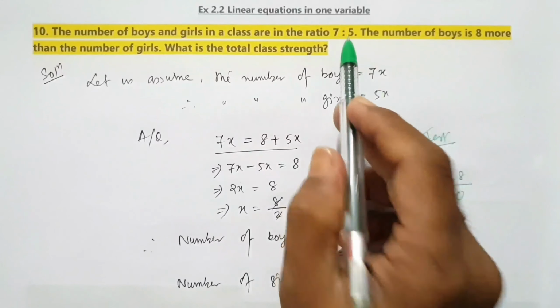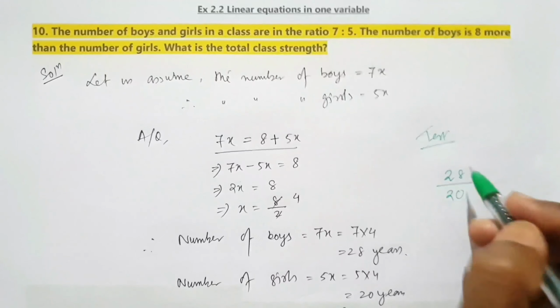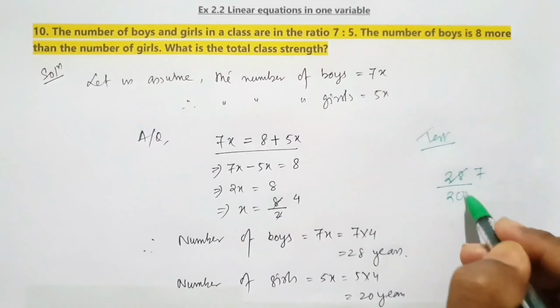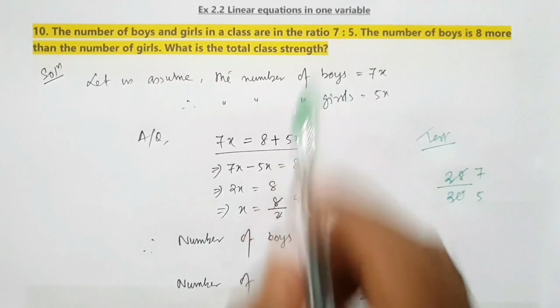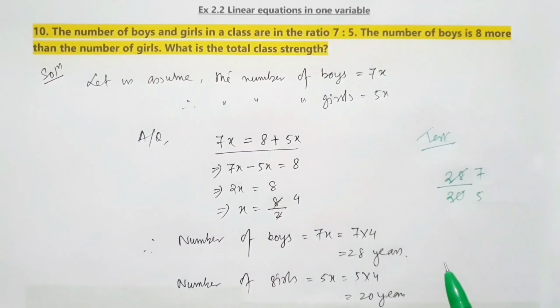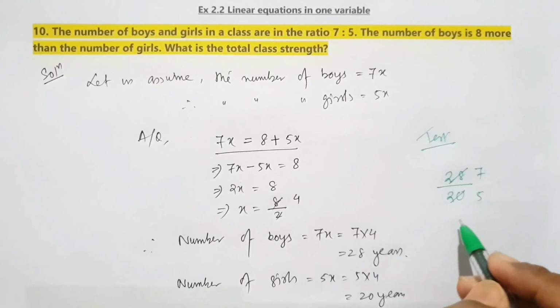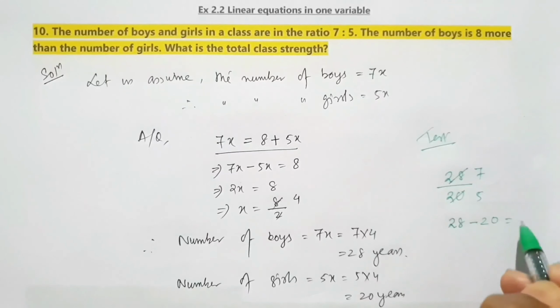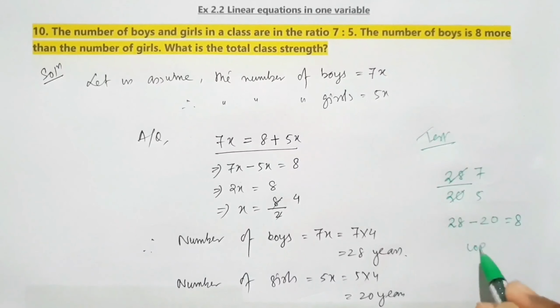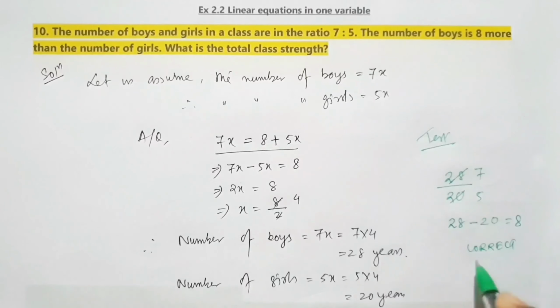If it comes 7:5, it means that our solution is correct. So 7 times 4, 5 times 4. So it's coming 7:5, means our first part is correct. Again they said the number of boys is 8 more than girls. So the number of boys was 28 and girls was 20. If we subtract, we get 8. So the solution is correct.